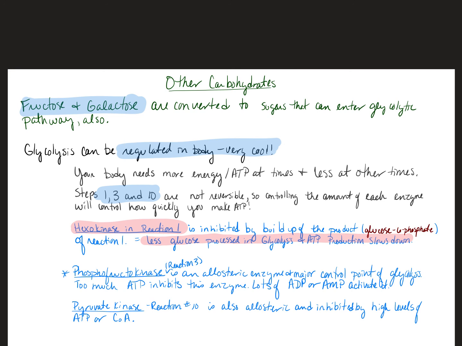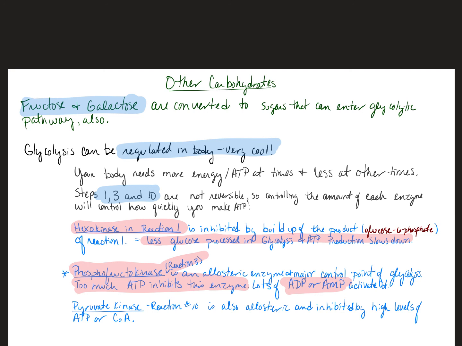In reaction 3, we use phosphofructokinase. So that's going to be reaction 3. It's another allosteric enzyme, a major control point of glycolysis. Too much ATP is going to inhibit that enzyme and say, wait, stop for a minute. If you have lots of ADP or AMP, that will actually activate that enzyme.